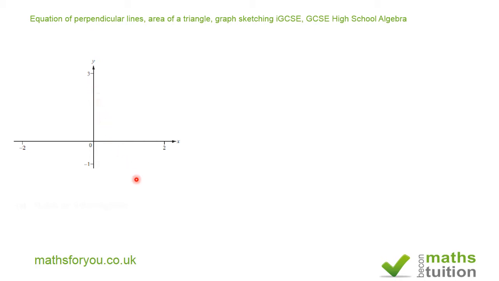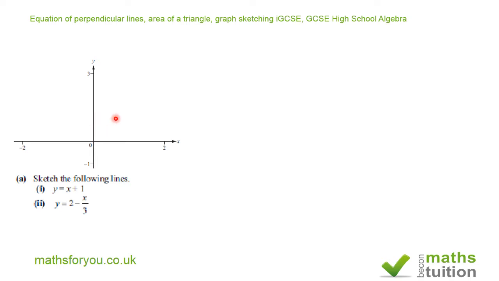Anyway, moving on. He says, sketch the graphs of the following lines. The first one is y is equal to x plus 1. And the next one is y is equal to 2 minus x over 3. Okay, now for the first one, if x is 0, so we're looking at the y-axis, when x is 0, y is 1.